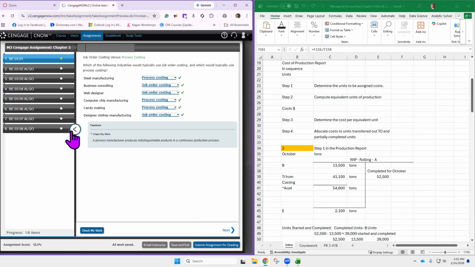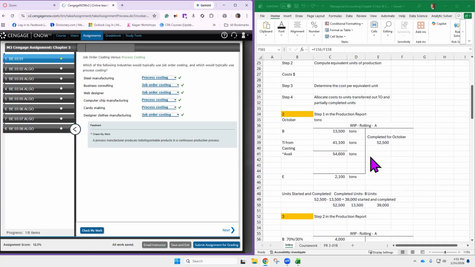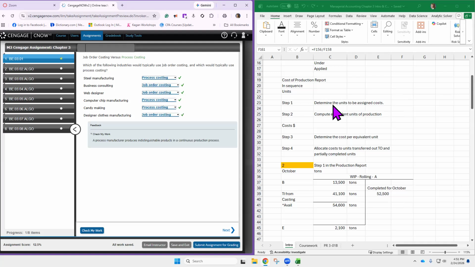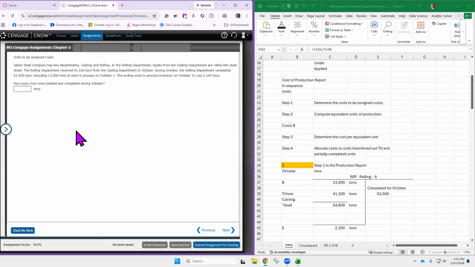Okay. All right, so I've got my spreadsheet open, and we need to make sure we understand there are 4 steps to what we're going to learn to do. It's called a production report. The first 2 steps involve units only.